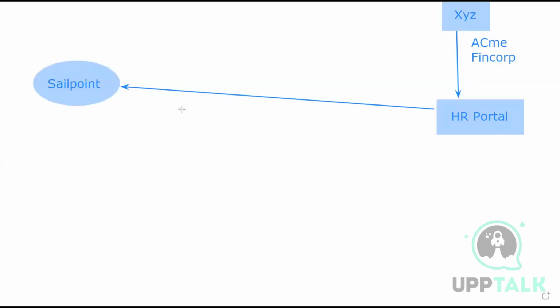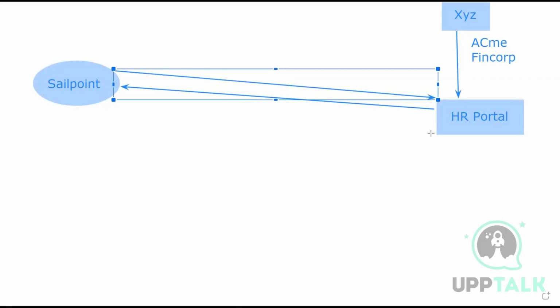These are the advanced applications we currently have in the market in the name of HR application. Any one of these applications will be used by your company. That application needs to be onboarded with SailPoint first. Once the onboarding is done, once SailPoint is able to communicate with this application, in this direction, then it's a good sign.